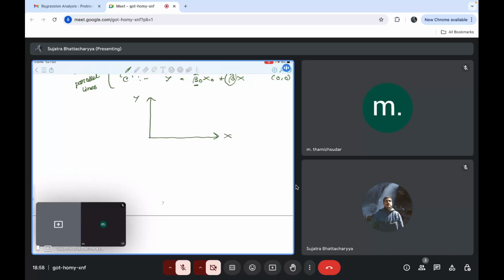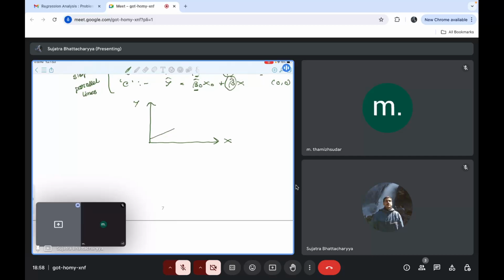This is x, this is y. Say, let's say a simple linear regression model. So in one case it is this, second case it is this, third case it is this. The intercepts are changing, but the slope remains the same. Three parallel lines. Okay, so A, B, C, whatever we want to write. So this is what is happening.